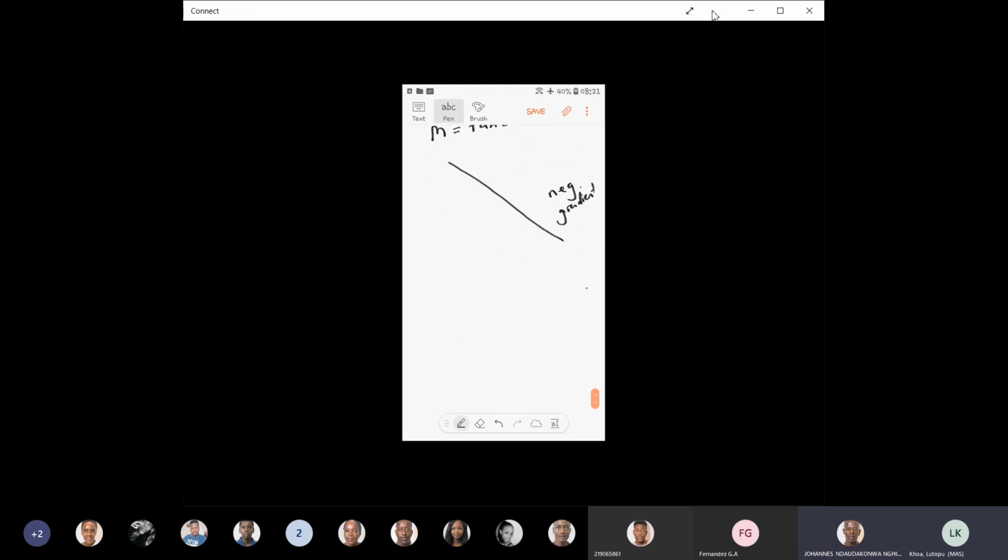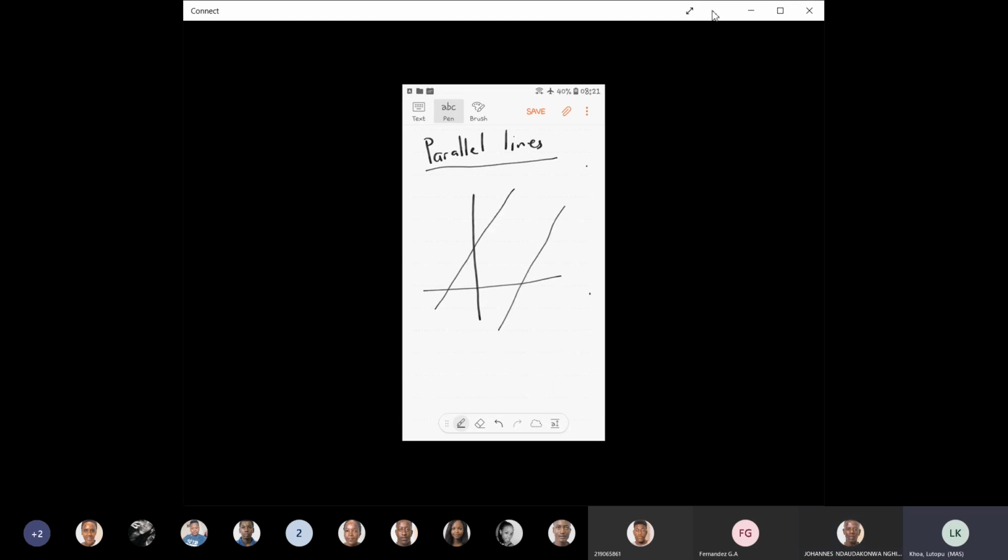Okay, now two lines. We can talk about parallel lines. Two lines are parallel if and only if they have the same inclination. So what that means is if I have my x and y axis like that, and I have two lines, this is one line and this is another one. This is L1 and this is L2.